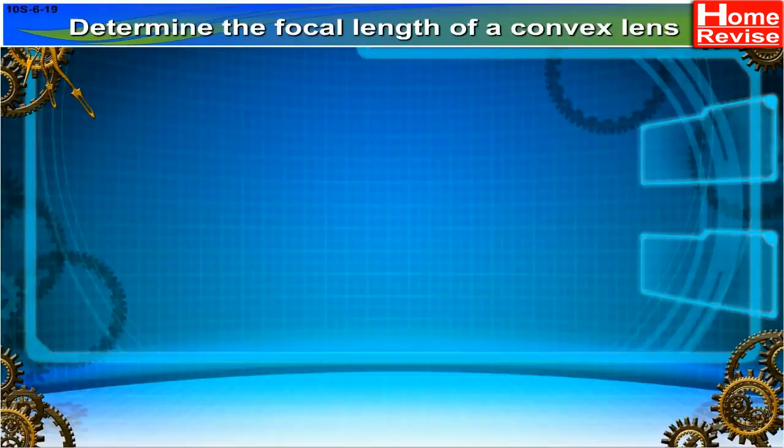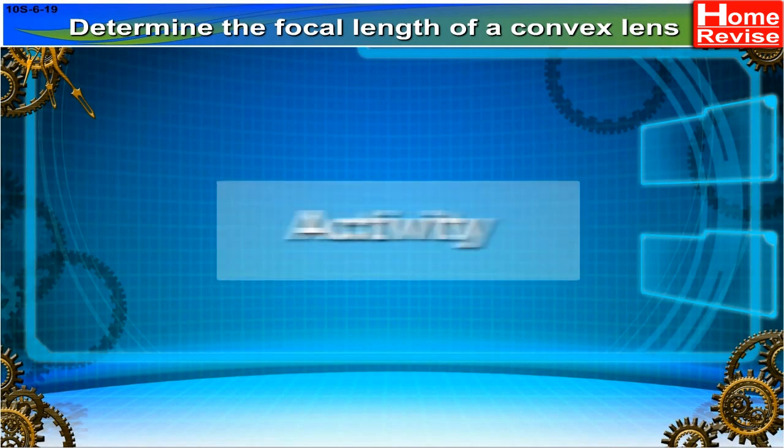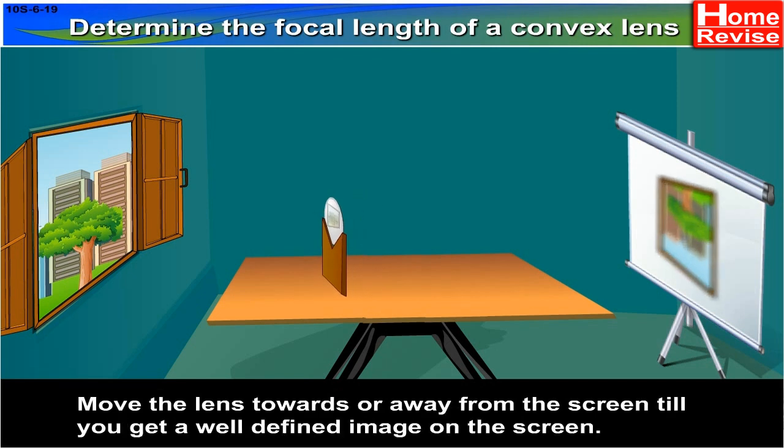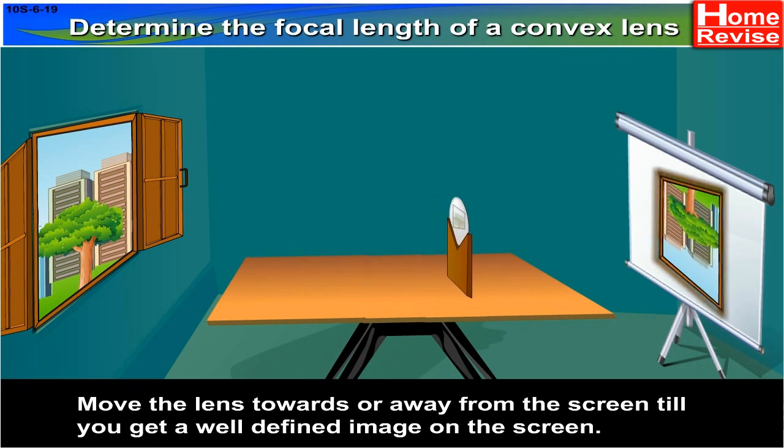To determine the focal length of a convex lens. Activity. Take a convex lens. Place it between the screen and a distant object like a tree or a building. Move the lens towards or away from the screen till you get a well-defined image on the screen.